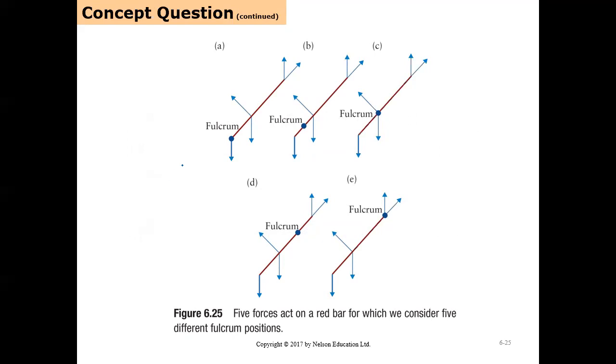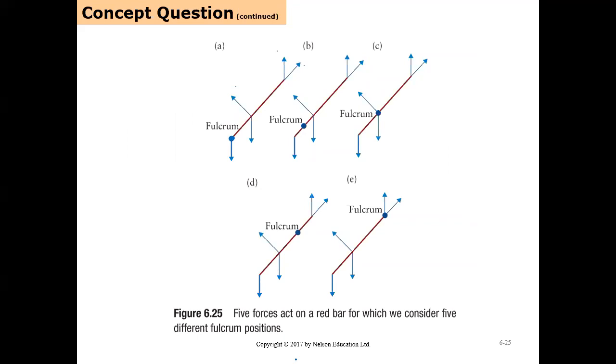In case A, the fulcrum is here, and we have 1, 2, 3, 4, 5 forces acting, all of them 5 forces acting. And for these forces, we can change the magnitude. We can make it small or big, but not zero.